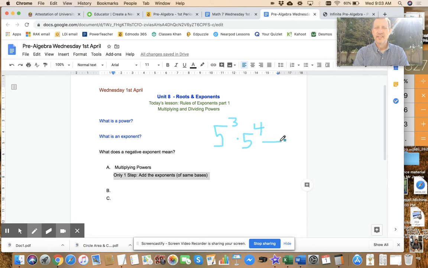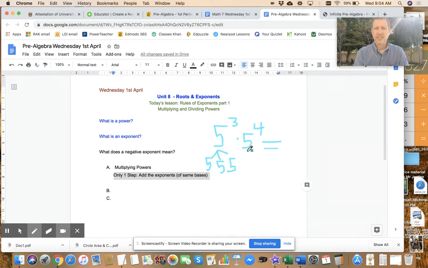If I expand that out, that means I'm multiplying 5 three times. That's 5 times 5 times 5. This is 5 times 5 times 5 times 5.